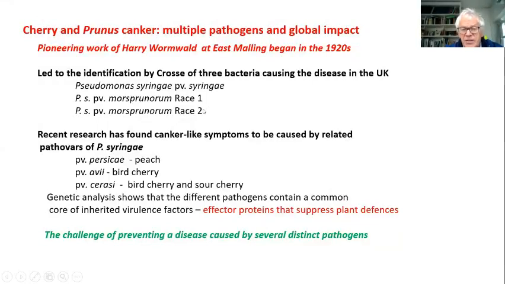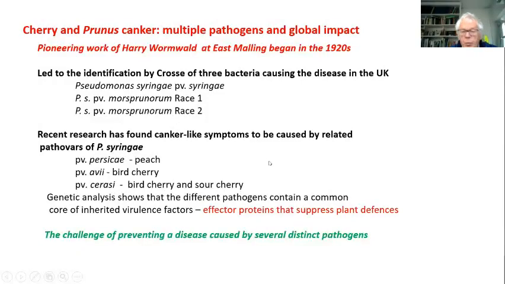We now know that these are really quite distinct pathovars and shouldn't be considered races of the same strain of the bacterium. Anyway, our recent research, particularly in Europe, has found that canker-like symptoms are caused by other pathovars of syringae: persicae on peach, avii on bird cherry, and cerasi on bird and sour cherry.